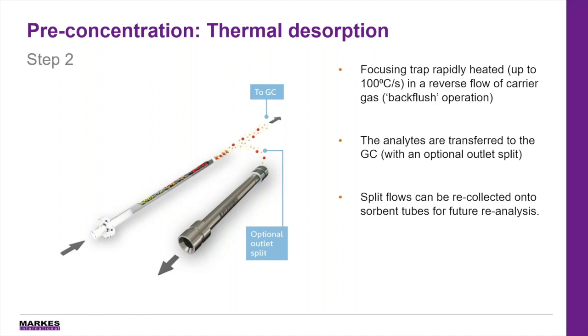Now, this is a really quick operation. So the analytes are transferred in a really small band of gas, and this gives us great sensitivity because we get really good peak shape, even for the very volatile compounds. Now, at this stage again, we can also have an optional outlet split. The split flows can be recollected again for reanalysis at a later date.